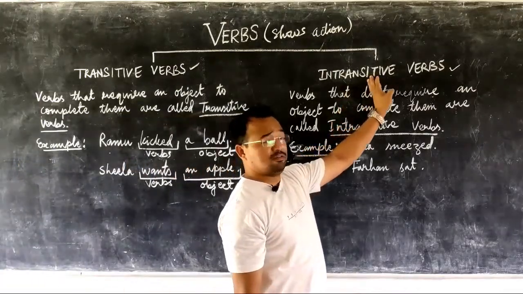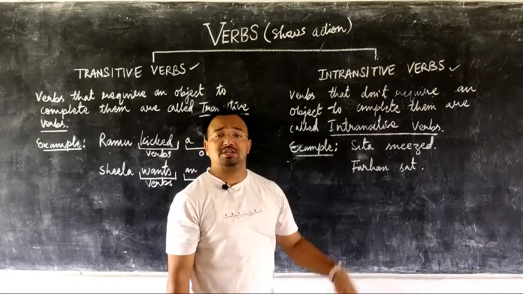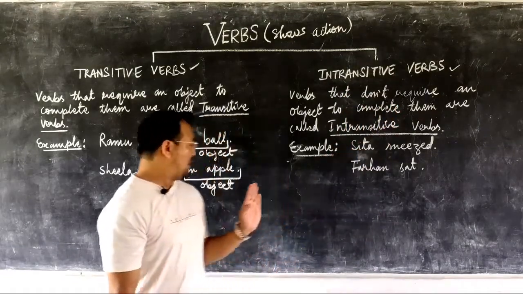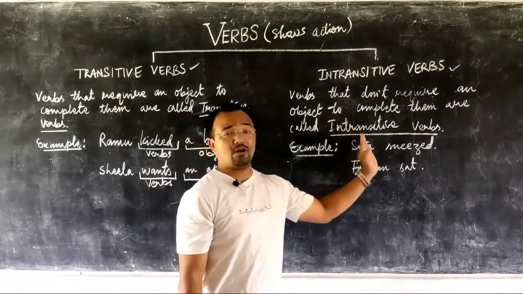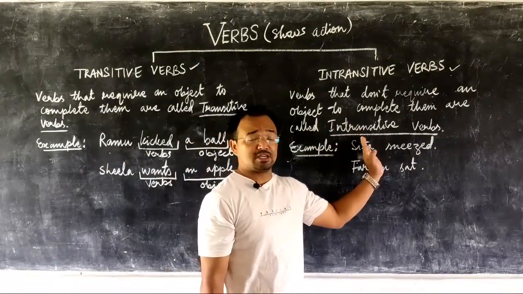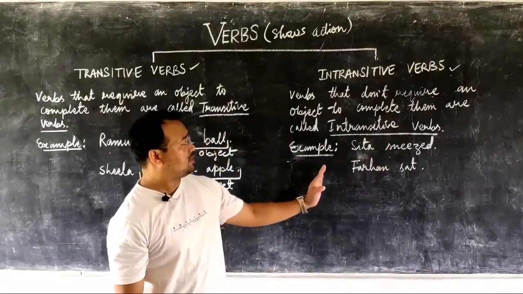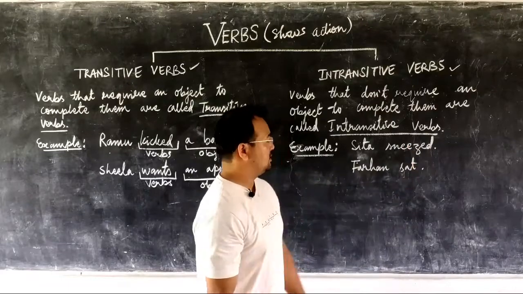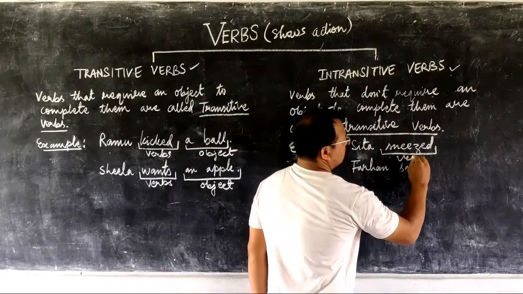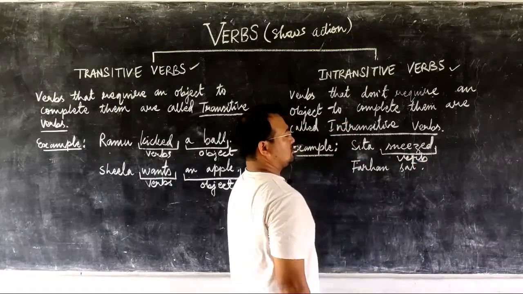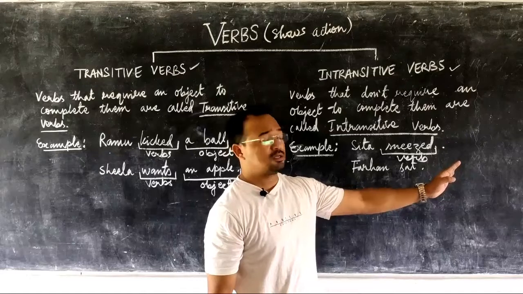Now, what is an intransitive verb? An intransitive verb does not require an object. Here a ball was an object, but in this type of sentence you don't require an object, and those sentences are known as intransitive verbs. Example, Sita sneezed. Sneezed is a verb showing an action, and the sentence is complete. There is no object, understood?